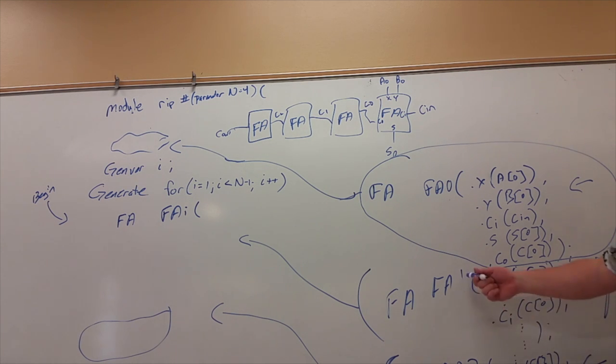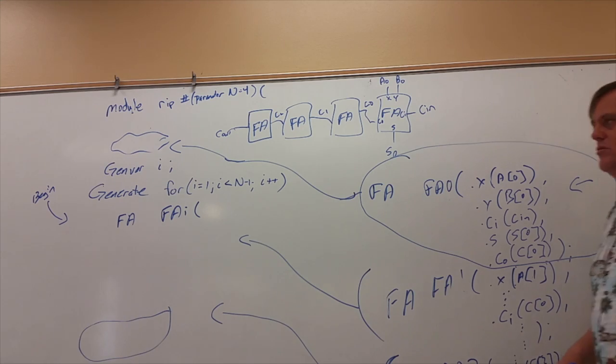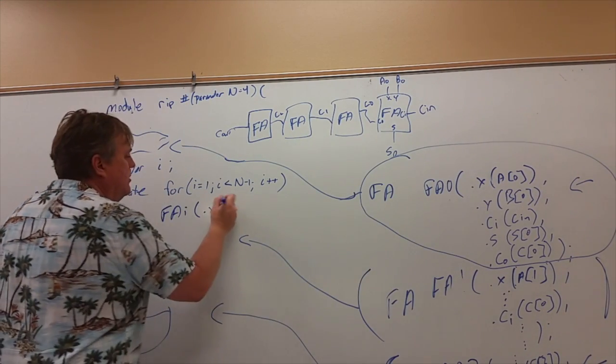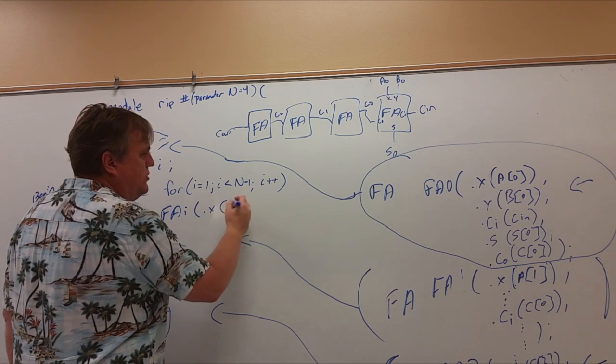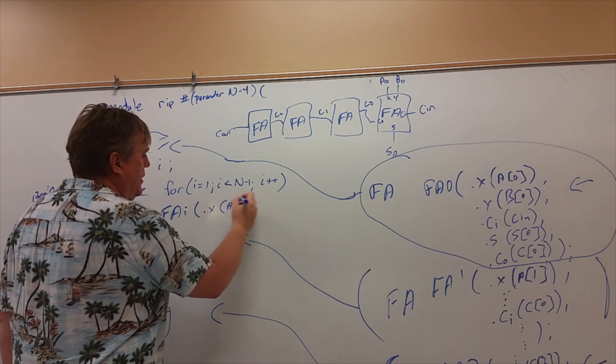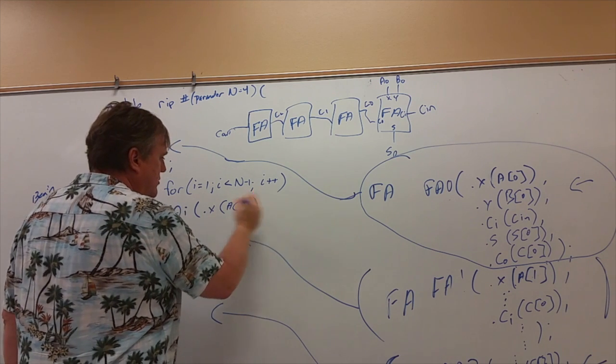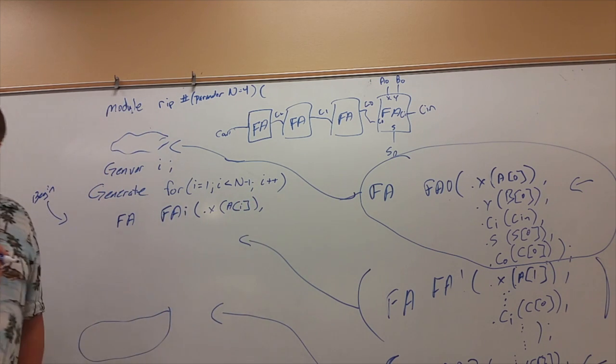So if I look at this, I've got for FA1, all of them are going to be the same as 1 is, except for its input, which is coming from the previous stage. So in this case, I would have dot x, and dot x is going to be coming in from A, I. Right?